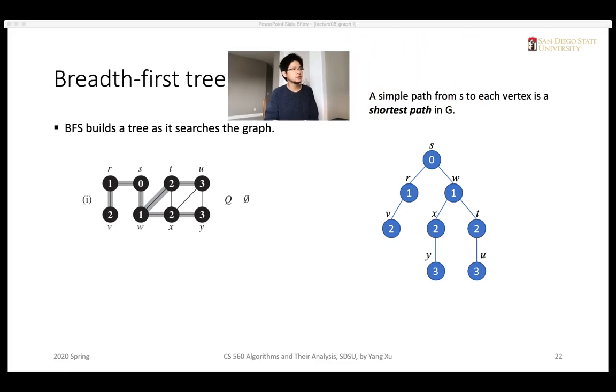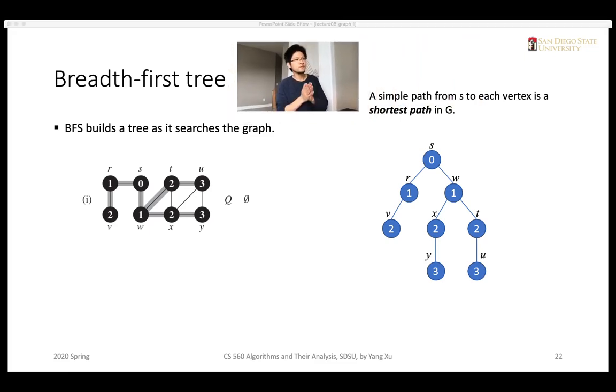And more importantly, from the tree, we can find a corresponding relationship by observing a simple path from the root node S to each vertex. For example, if we draw the path from S to Y, this is a shortest path in the corresponding graph.